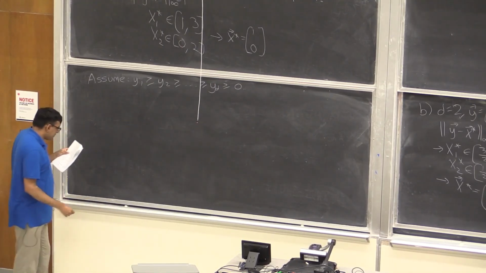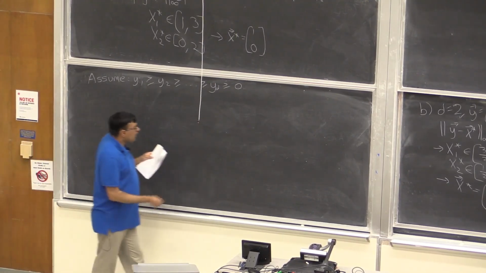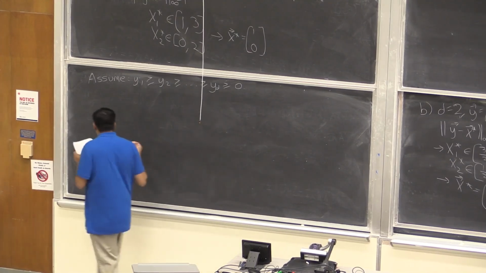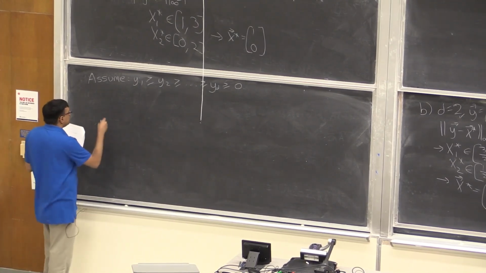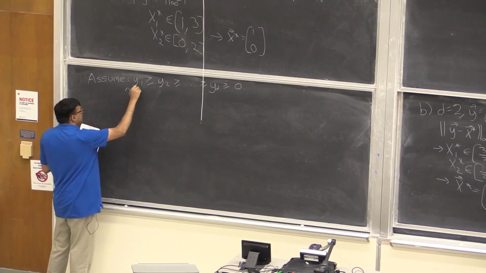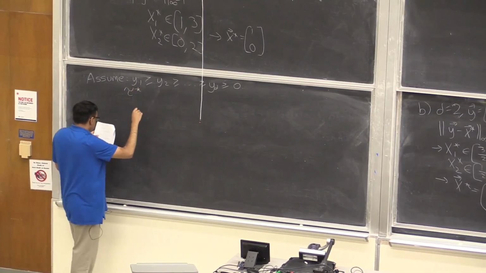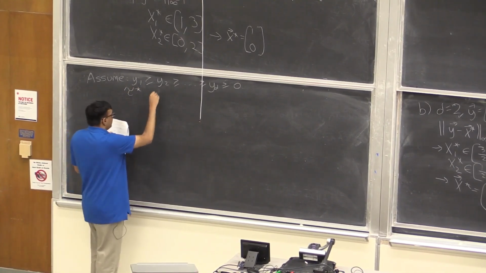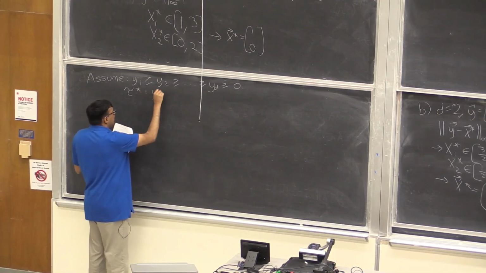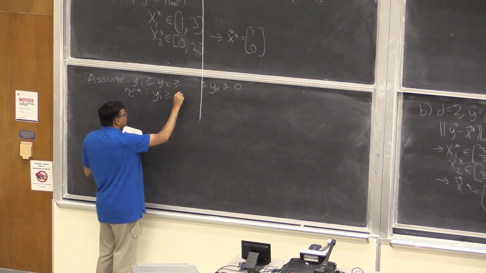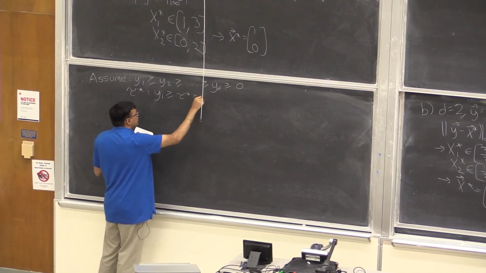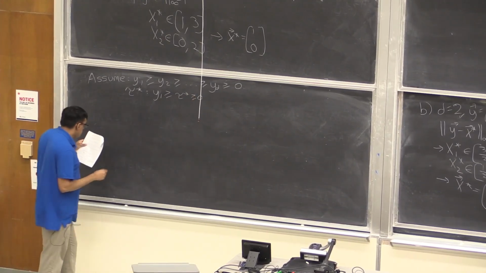And then there's some number which we call tau star, such that y1 is greater than or equal to tau star, which is greater than or equal to 0.